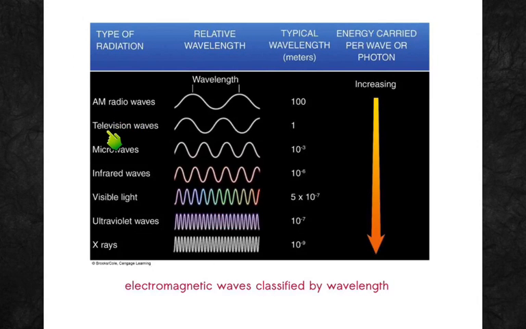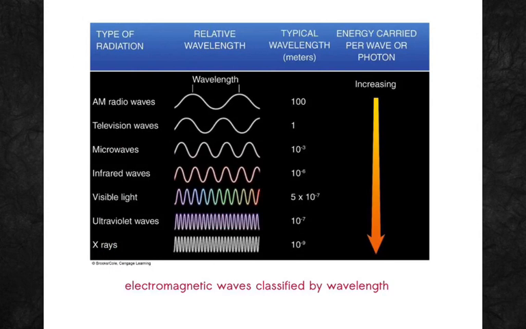Then you go down to shorter wavelengths and you've got microwaves, which are down in the fractions of a centimeter. Then even shorter is infrared, and then visible, the part of the spectrum that we see. And then ultraviolet. And the really short stuff are things like X-rays and gamma rays.